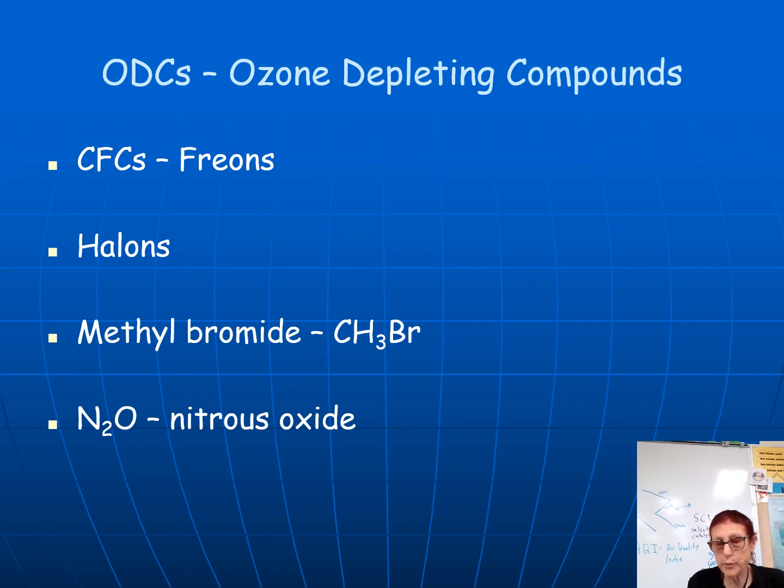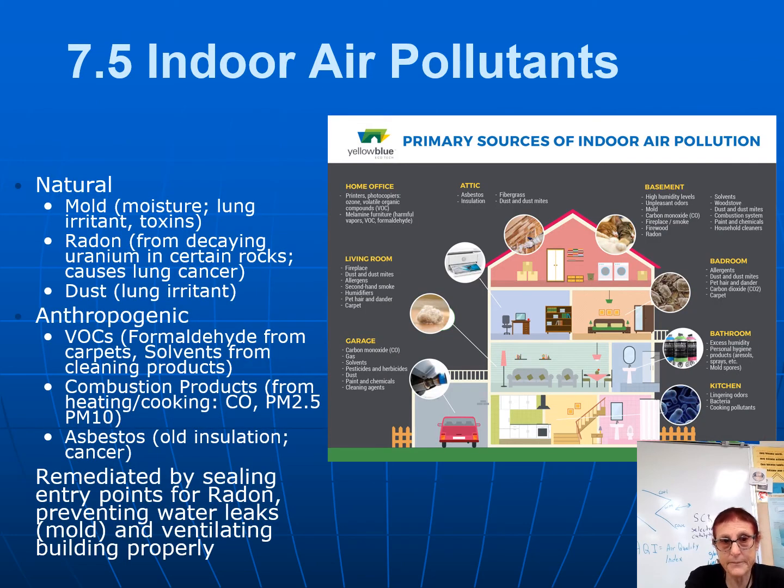And methyl bromide was supposed to be phased out, but I believe the United States got an extension on that. And also nitrous oxide. So nitrous oxide, something that we can't set limits on, is both a greenhouse gas and an ozone depleting compound. And there's really no way to necessarily set a limit on that. So any questions on that?